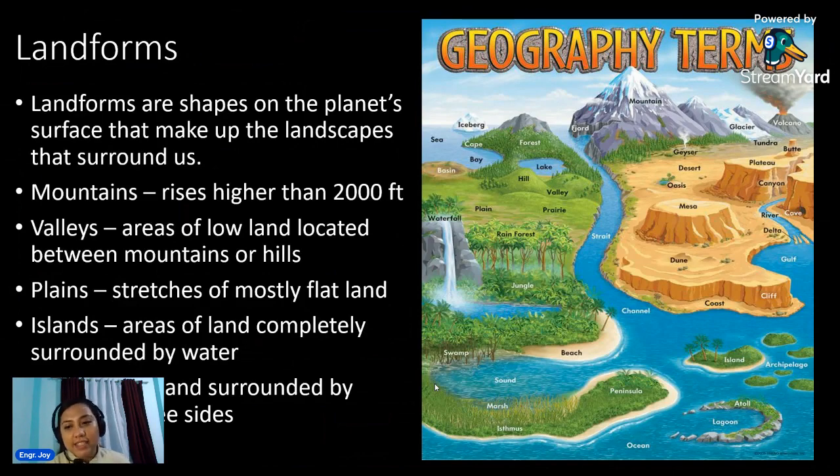So, as you can see, the picture, here's the waterfall, the plainland, the hill, the valley, the forest, the iceberg, sea, mountain, mesa, this is the oasis, the desert, the geyser, glacier, volcano, plateau, tundra, butte, canyon, river, cave, delta, this is the coastline, the cliff, this is the island, the peninsula, lagoon, atoll, archipelago, swamp, and the jungle.